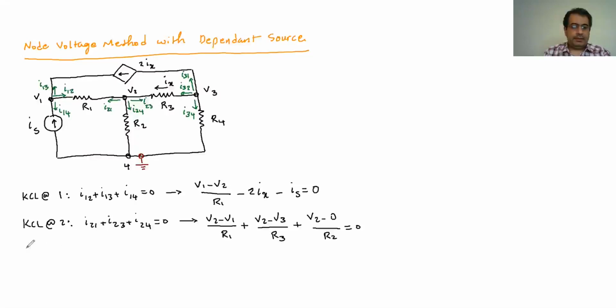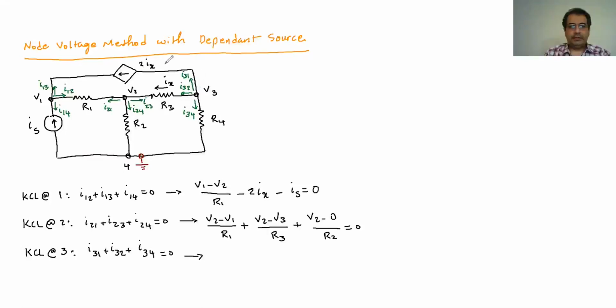And then we have the KCL at 3. So at 3 the same: we have the I goes from 3 toward 1, plus I goes from 3 toward 2, plus I goes from 3 toward 4, is 0. So for 3 to 1, we don't know the Ix, but whatever the Ix is going to be, the current in that wire is going to be 2Ix.